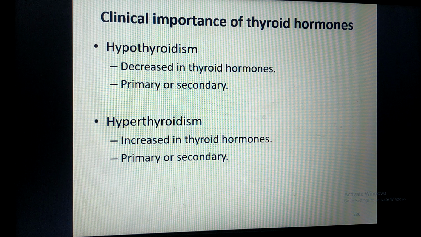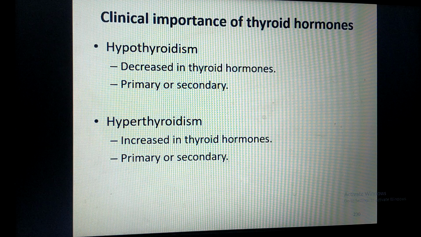Secondary hypothyroidism means there is no stimulation by the pituitary or hypothalamus to the thyroid gland due to a defect in the pituitary or hypothalamus. There is decreased synthesis of thyroid hormones, which is called secondary hypothyroidism.